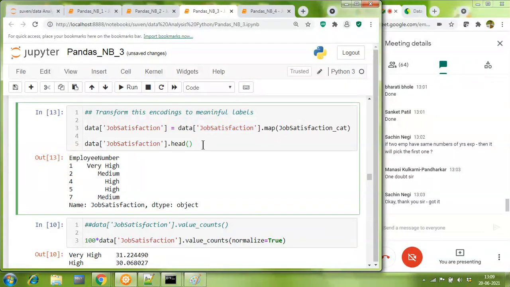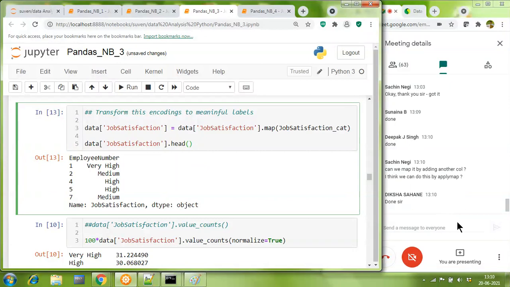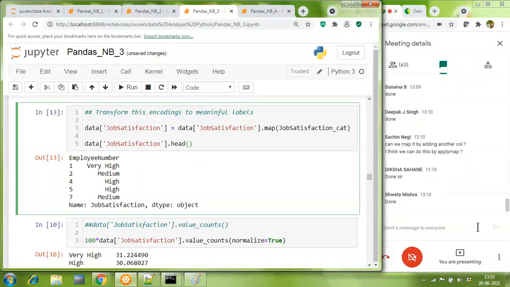Okay? So I want everyone to reach this point of transforming these encodings into meaningful labels. Please take 1 to 2 minutes and reach this point peacefully. Yes, Sachin, definitely yes. Naturally, you can always add a new column.